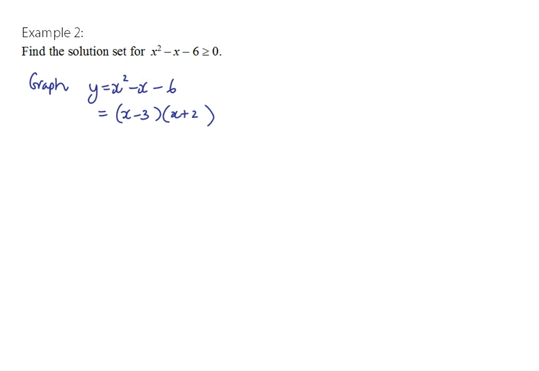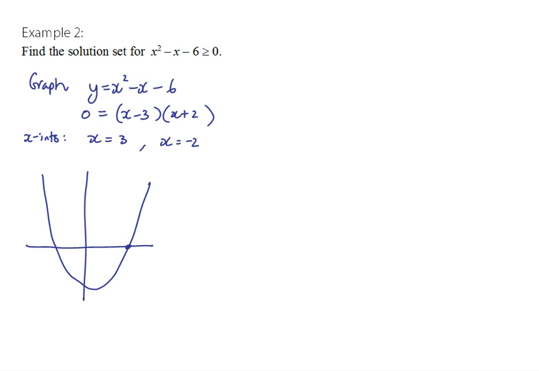So it clearly has x-intercepts at x equals 3 and x equals negative 2. Alright, and that's really all we need. We know that it's a happy parabola, positive x squared, x-intercepts at 3 and negative 2. So we're going to have something like this.